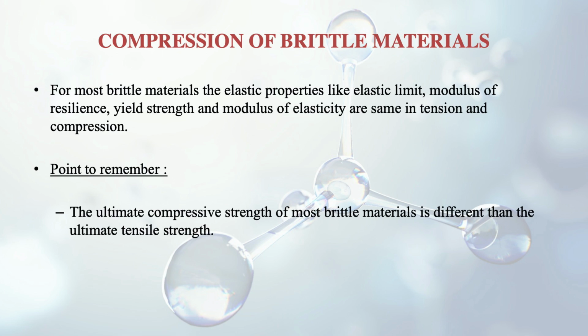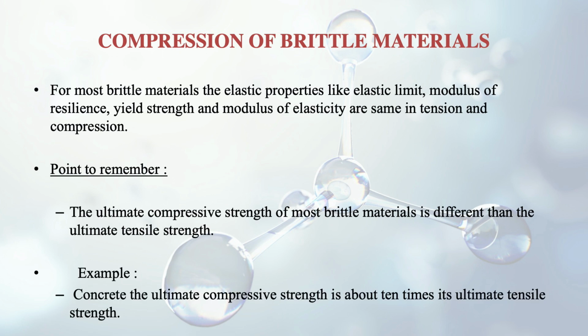The ultimate compressive strength of most brittle materials is different than the ultimate tensile strength. If you do the tension test and the compression test, you will find that the ultimate compressive strength of brittle materials will be more than the ultimate tensile strength. For example, concrete's ultimate compressive strength is about 10 times its ultimate tensile strength.